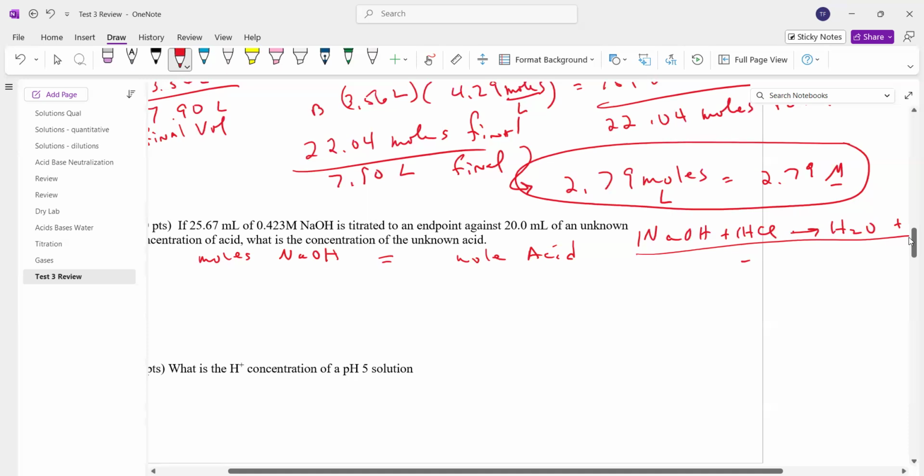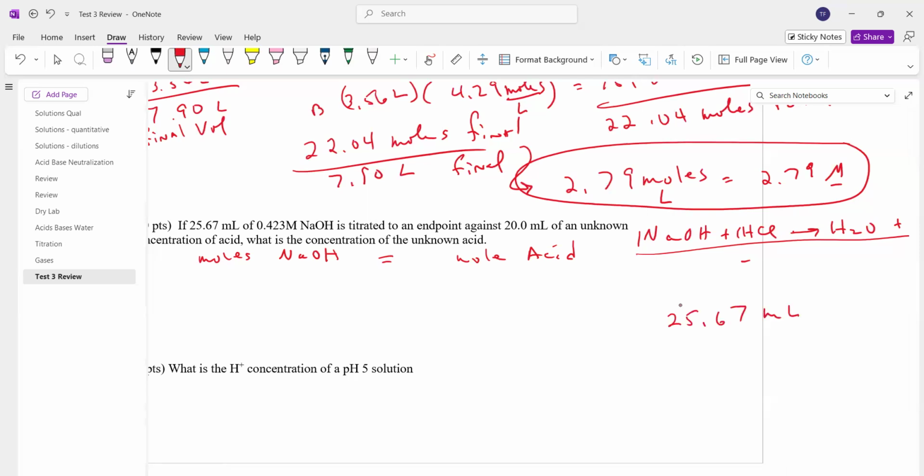Okay, so to get moles of base, you need volume times concentration, and volume needs to be in liters. So we need to convert milliliters to liters. So that's going to be 0.02567 liters. I'm not going to do any rounding yet.